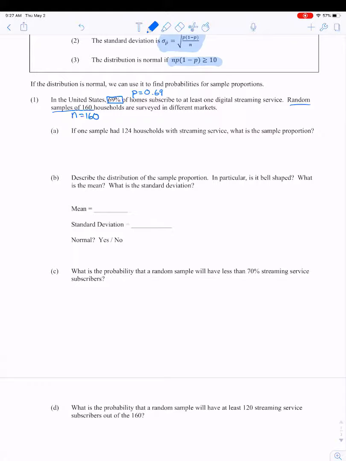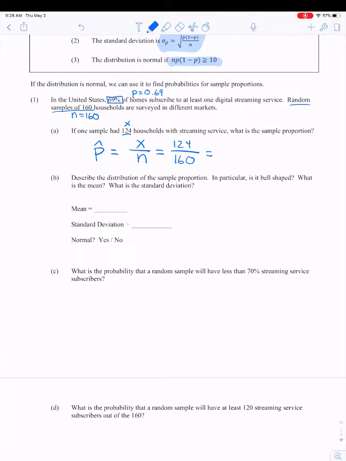Part A says, if one sample had 124 households with streaming service, what is the sample proportion? Okay, so that 124, that's the x value. So when we write p hat equals x over n, we now know what that sample proportion is. It's 124 divided by the sample size, which was 160.